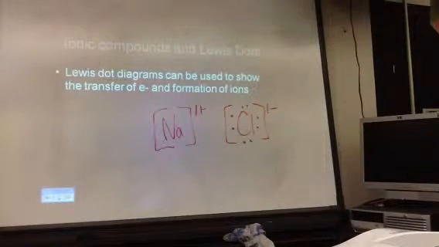So it took on the additional electron. It's got a -1 charge, and we can't show a Lewis structure for an ionic compound because there are no covalent bonds. But what we can show is those 2 ions sitting shoulder to shoulder. Not overlapping, not connected, but sitting shoulder to shoulder.